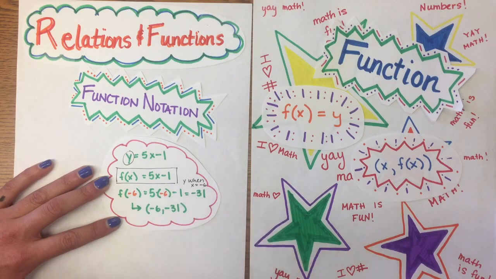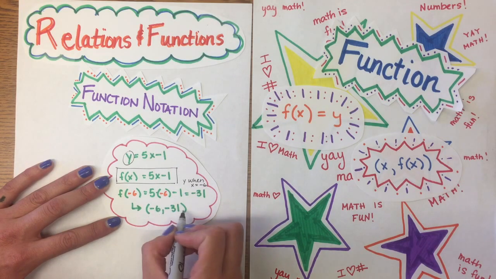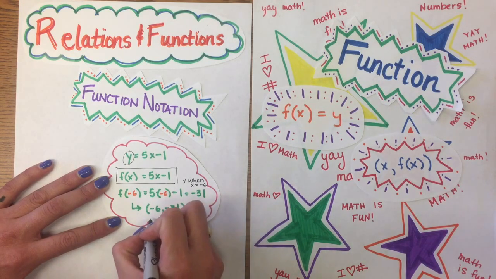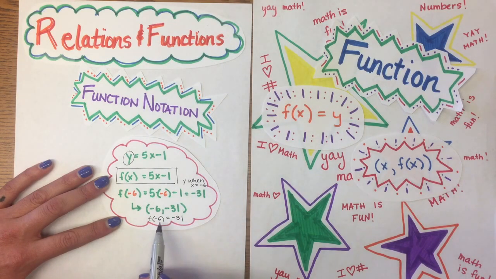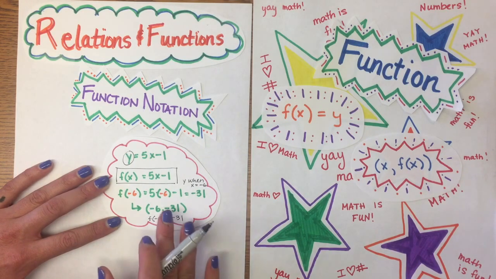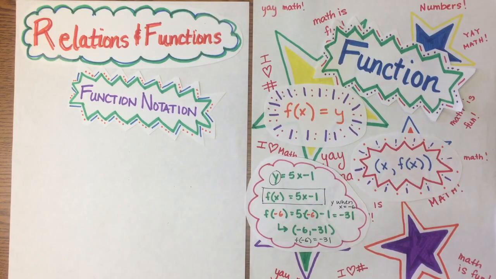And if I simplify this, I get negative 31. So this is the ordered pair (negative 6, negative 31). Or another way of writing this, f of negative 6 is equal to negative 31. This is the x and y value that are paired to make a true statement.